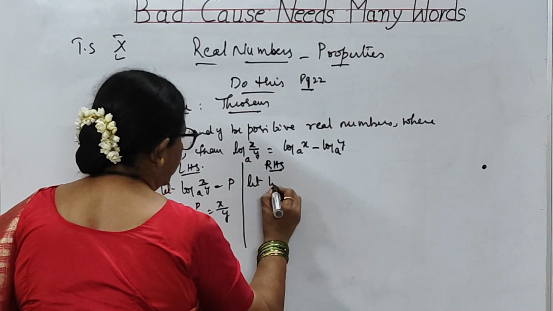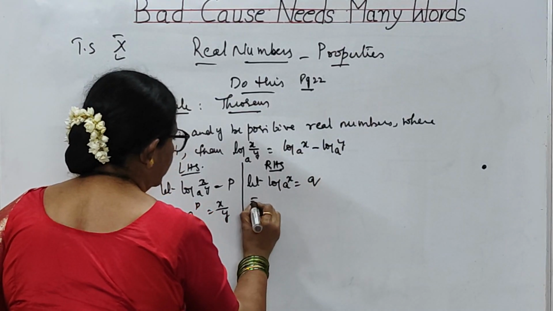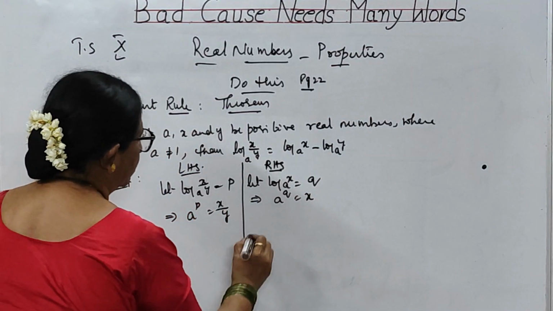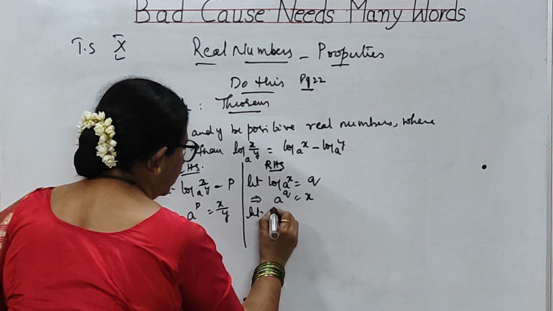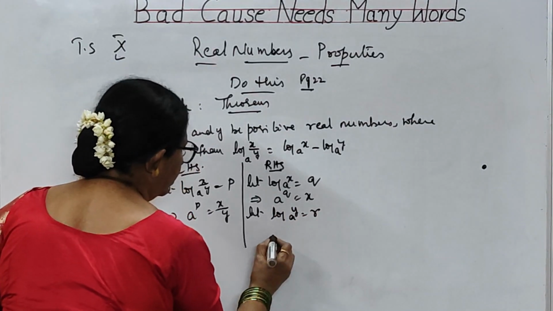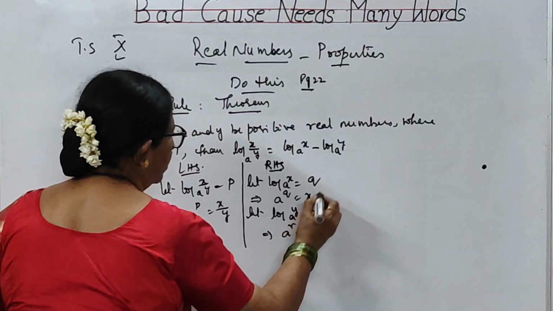Let log x to the base a is equal to q. This implies a to the power of q is equal to x, and let log y to the base a is equal to r. This implies a to the power of r is equal to y.